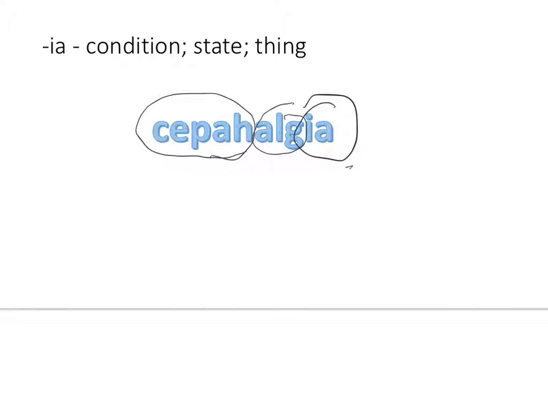So you've got condition of head pain, or a headache. Starting with the suffix helps guide how you define the word. Ia is a really common suffix that generally means condition.